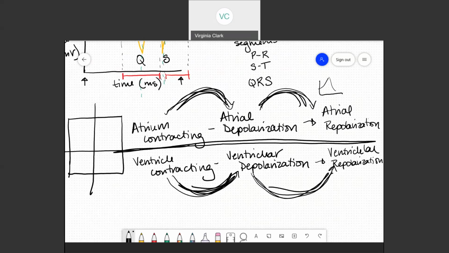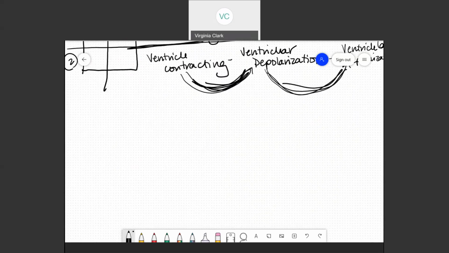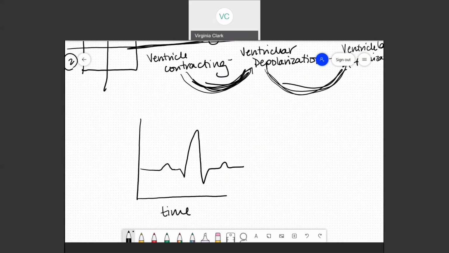We're going to talk about that at a later section, but what I want you to get used to, with these terms, is when we are looking at our electrical potential through an EKG, we are going to have P, Q, R, S, T. When we're looking at this, how do we put these two worlds together?